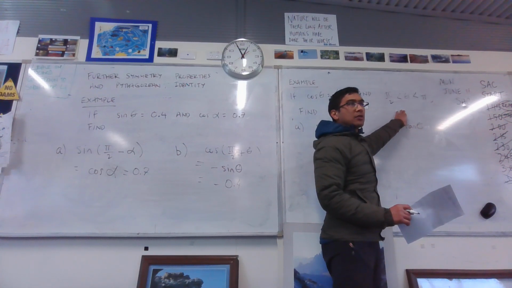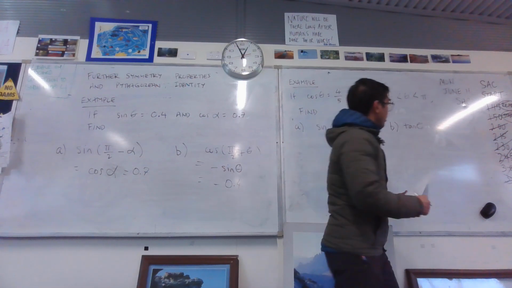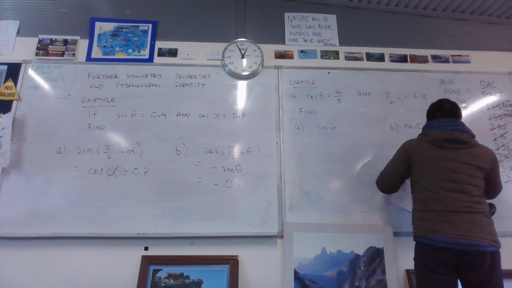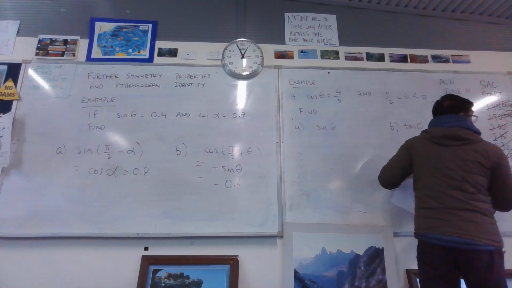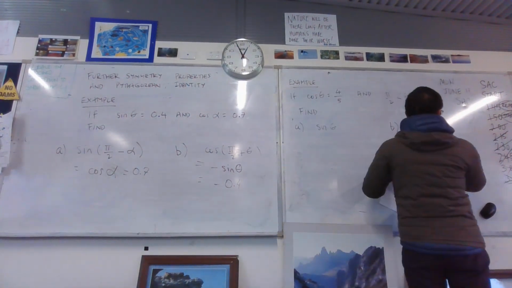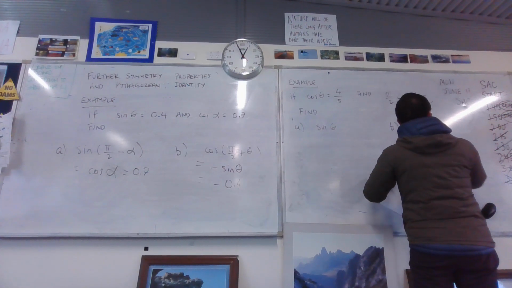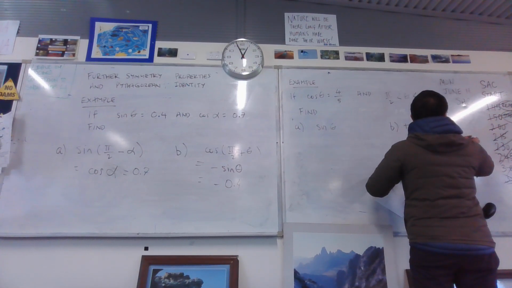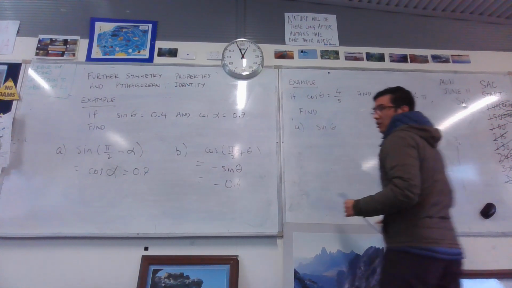It's telling us something. Which quadrant? Exactly, Tim. The second quadrant up here. So we know we're in here between pi on 2 and pi.